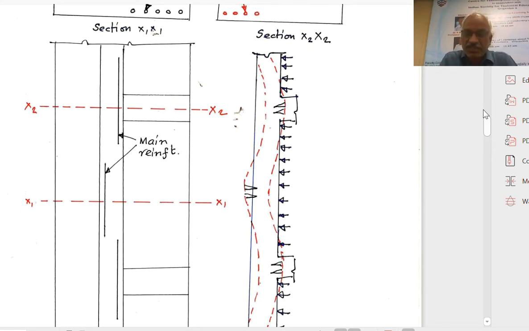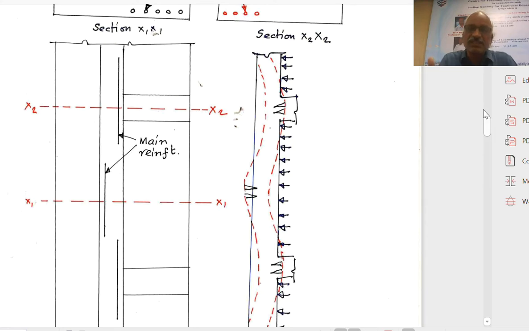There the pressure and all these things will be needed, right? Also the pressure from one center to the other center, that is 3 meters length of wall, 1.5 meter on either side, of course minus the thickness of the counterfort. So 3 meters minus the thickness of the counterfort.